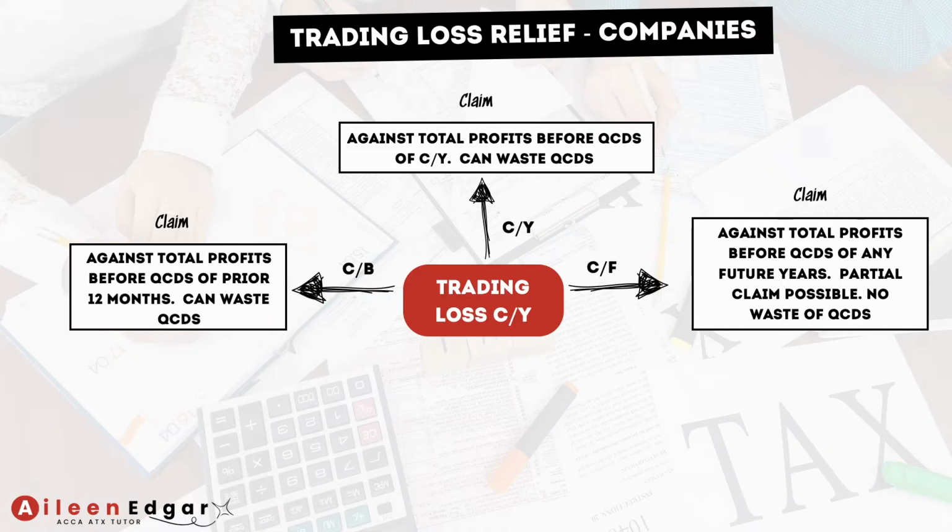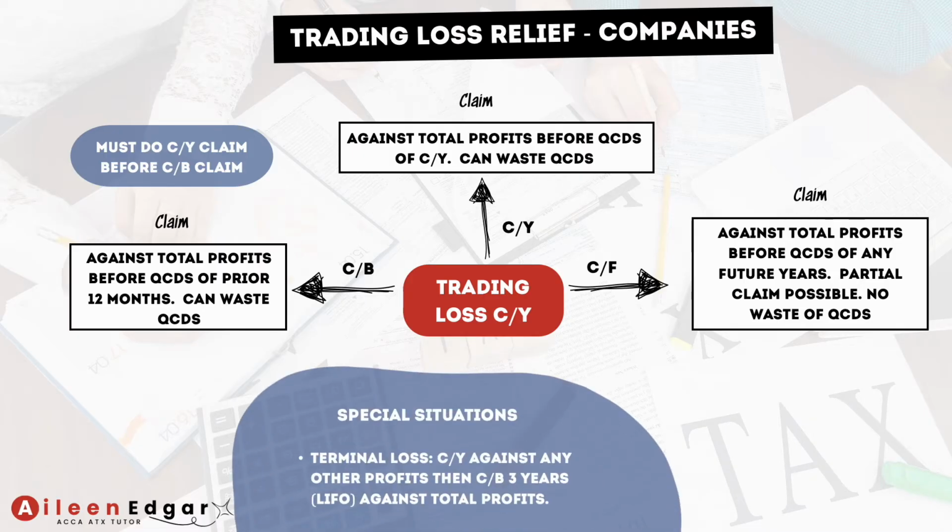Another available option to us is that we can carry our trading loss back to the previous 12 months. Now, a restriction we have for companies is that we have to do a current year total profits claim before we can do a claim for the previous 12 months.